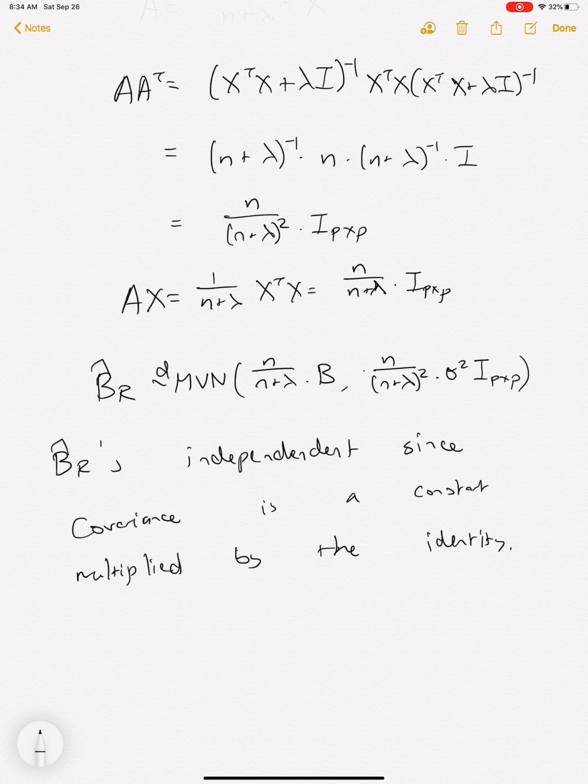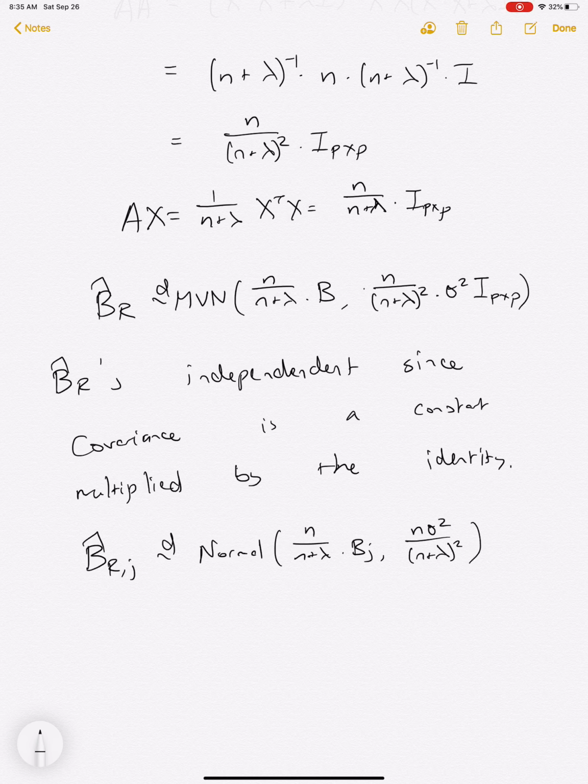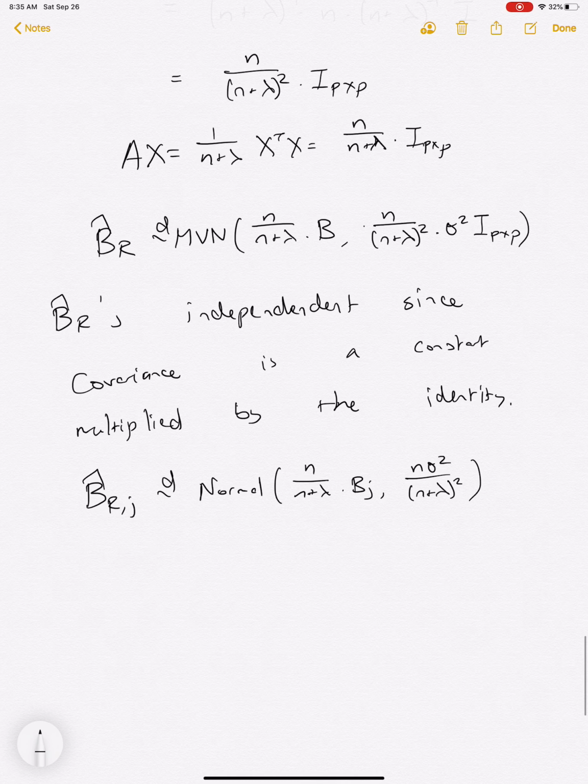Okay. And so another thing you can say is that we have that beta hat R J is just going to be normal, N over N plus lambda times Bj, and then N sigma squared over N plus lambda squared. So this is a univariate distribution, and the beta hat RJs are independent.